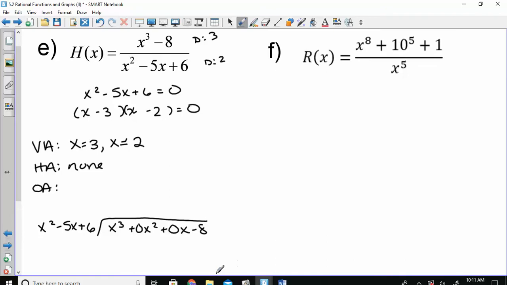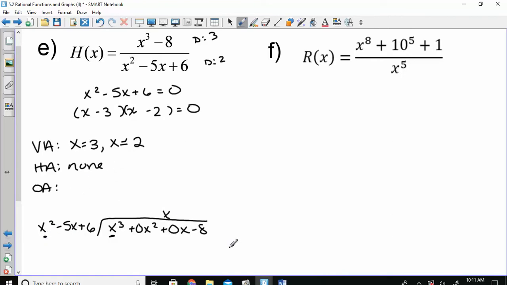I think back when we did that, most of you did include those zeros, so it may be a good option here. All right, so then we divide. What is x cubed divided by x squared?